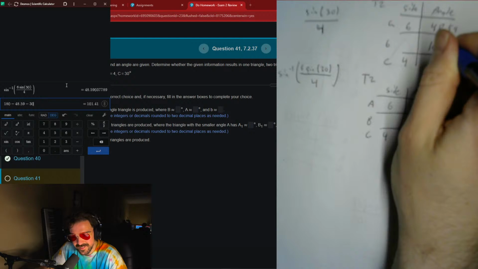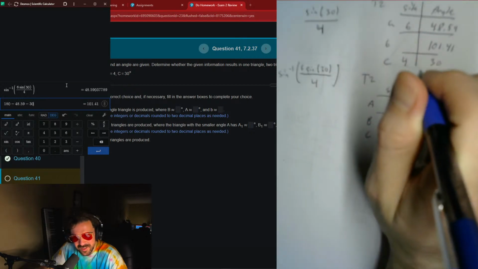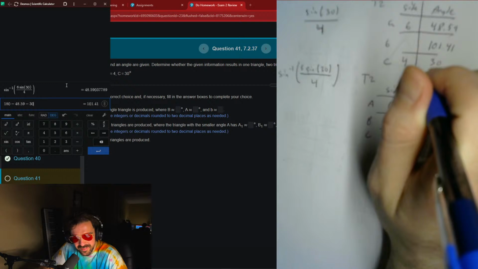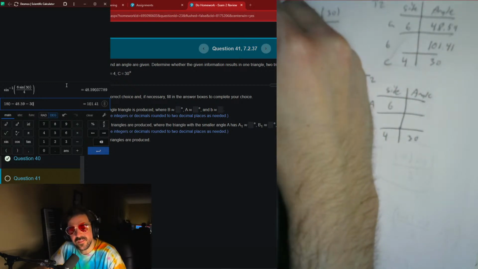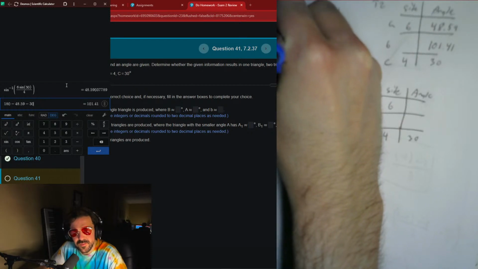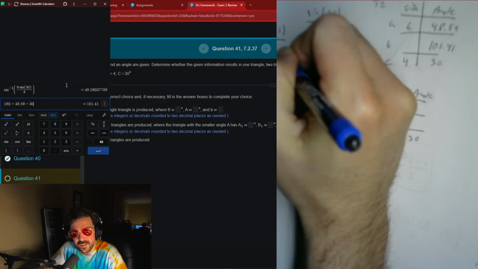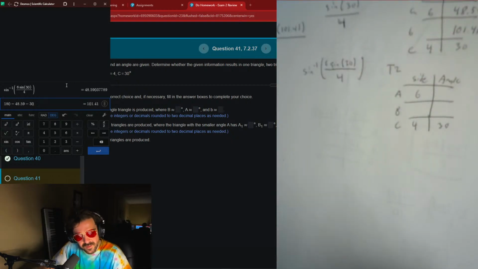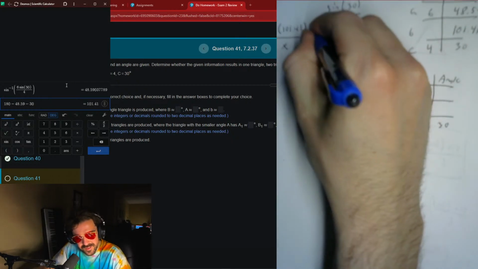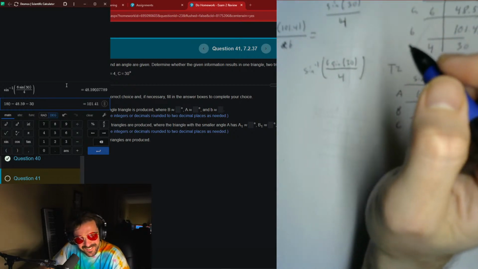So now to find side B, we're doing sine 101.41 over... this is B, it doesn't really matter.